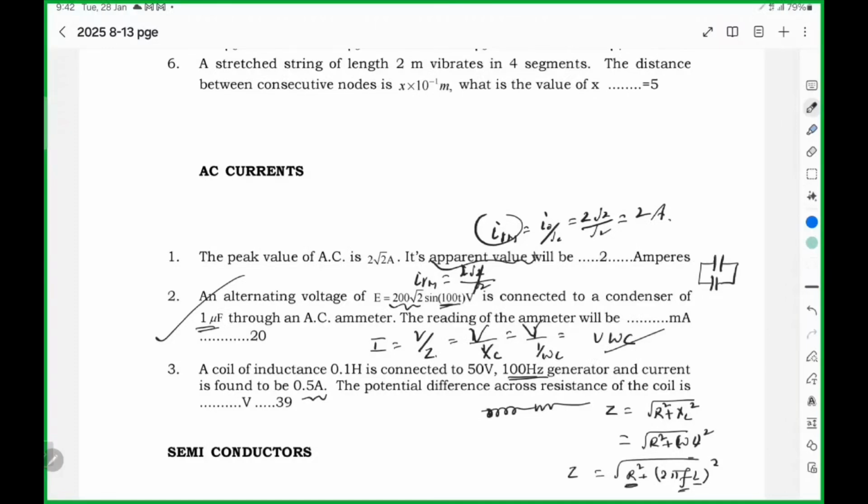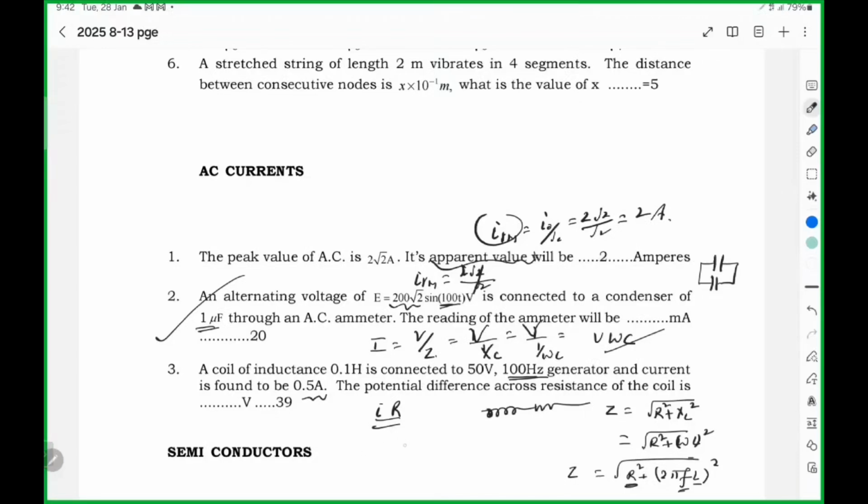So how do we calculate resistance? The potential difference across the resistance means IR. So R we have to calculate, and the current is already found to be this.